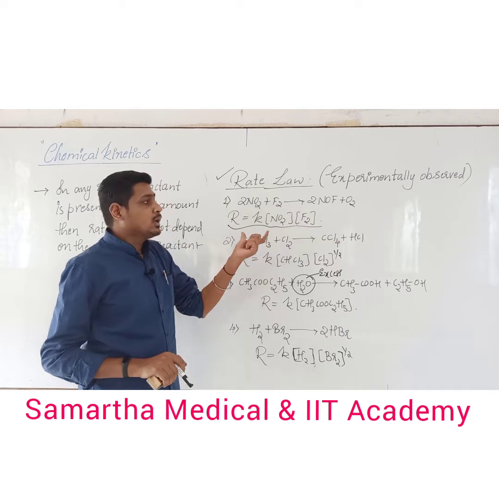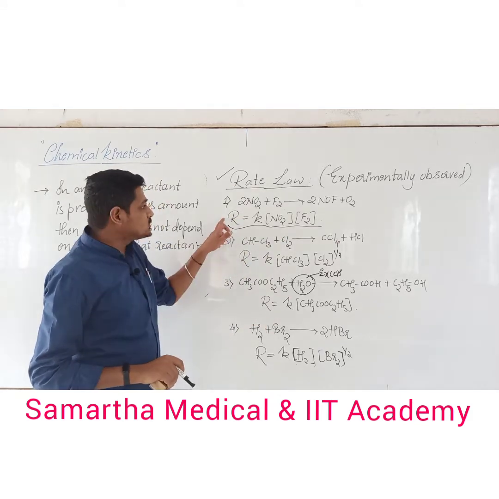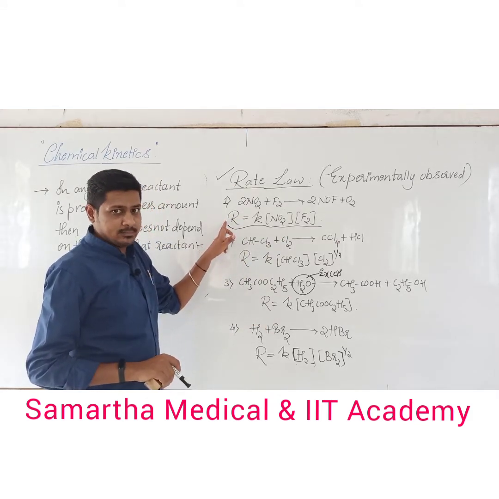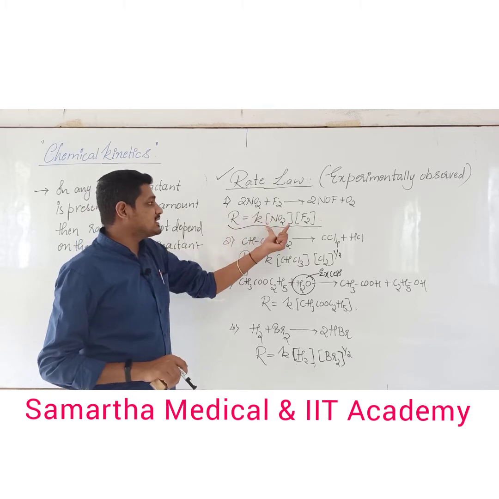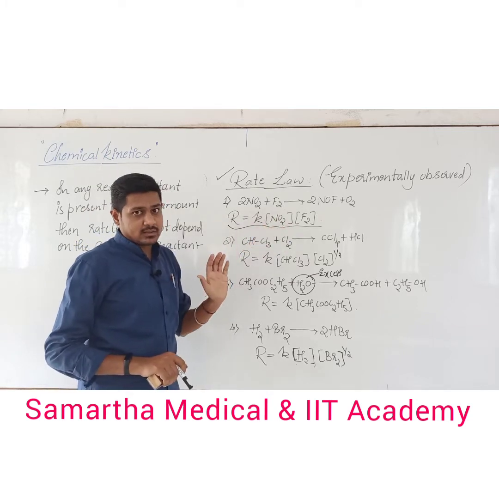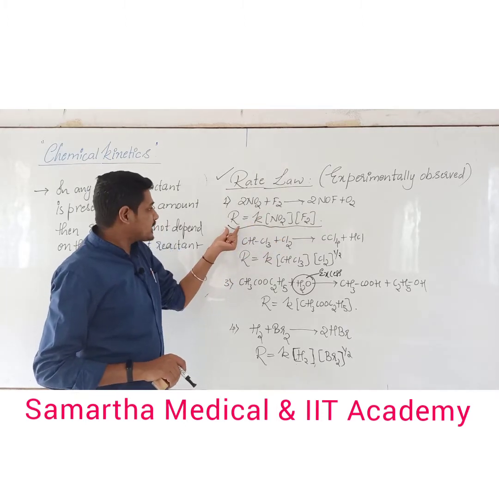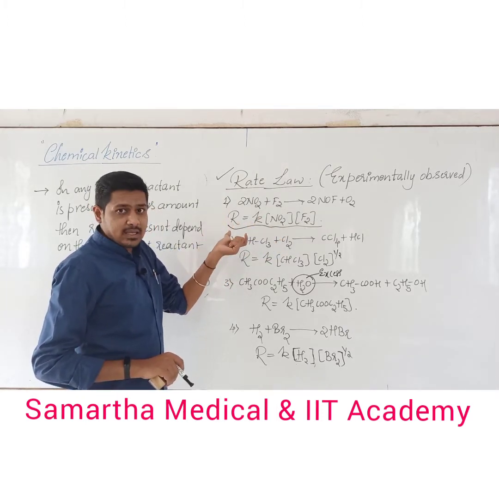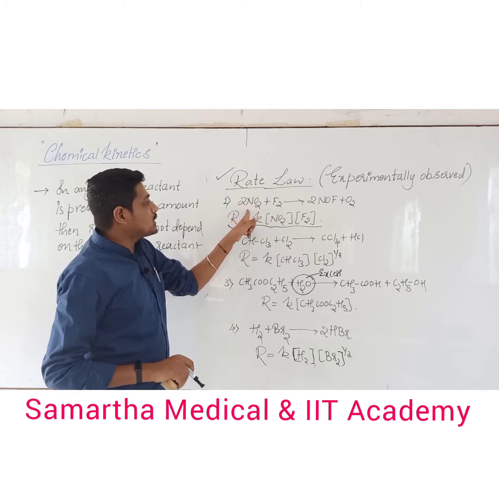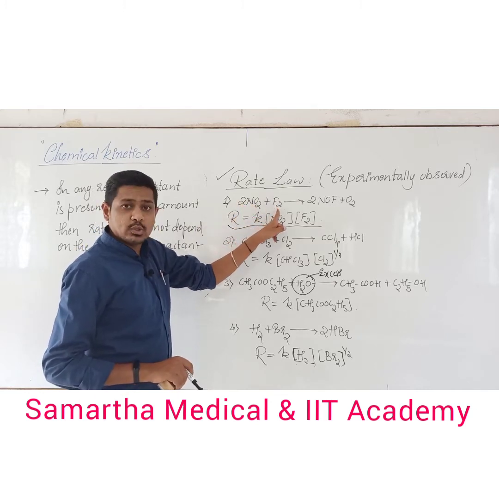I'll repeat again, this rate law tells us how the rate of the reaction depends on the concentration of the individual reactant. Now here, in this reaction, the rate of the reaction is the same, meaning for NO2 also it is the same, and for fluorine also it is the same.